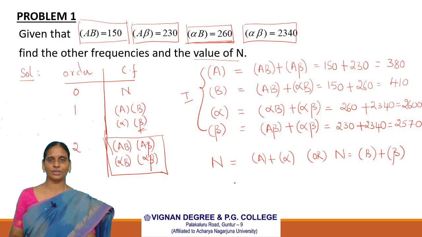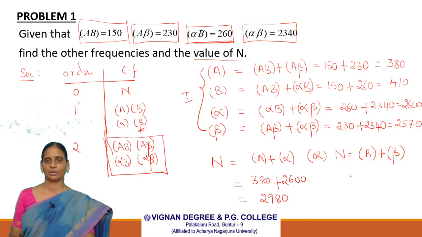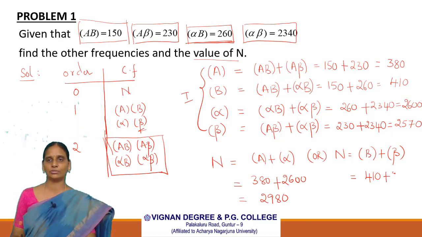Now we substitute the frequency of A value, 380, plus frequency of alpha value, 2600, and this is equal to 2980. Again, frequency of B value 410 and frequency of beta value 2570.